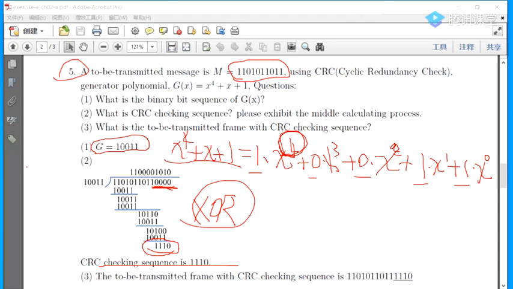This kind of question will probably appear in the final examination. The numbers may be different, but the method of calculation is the same.